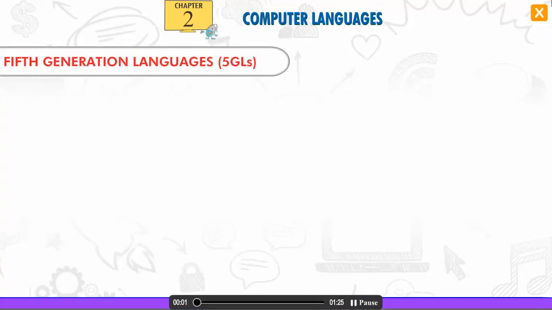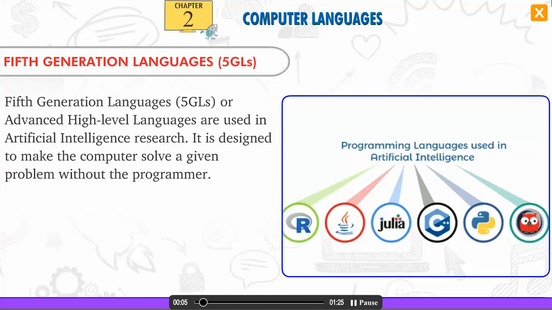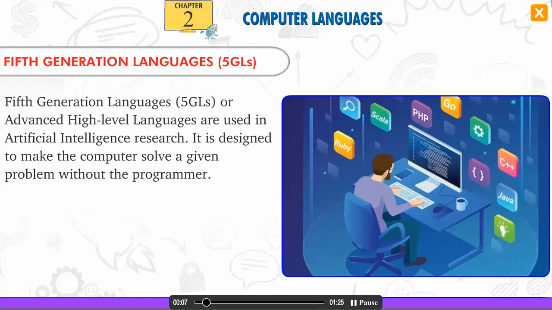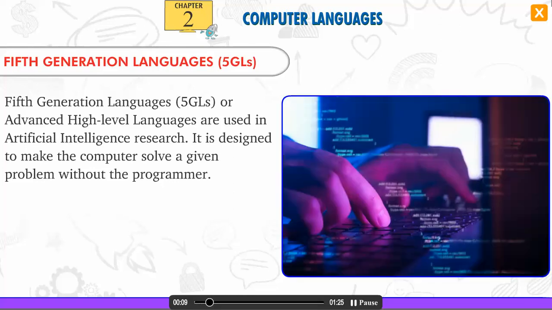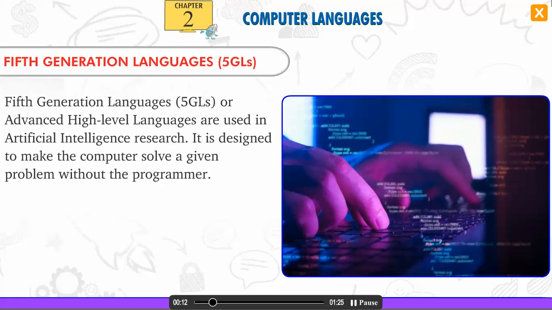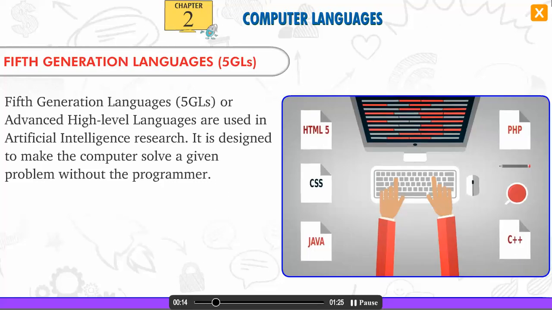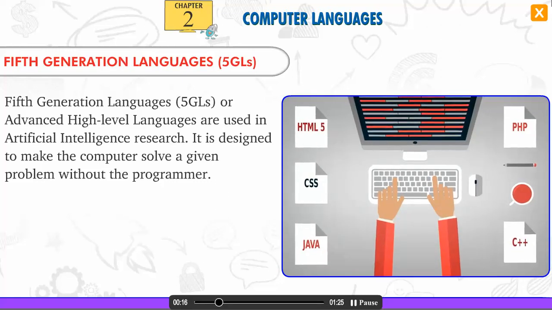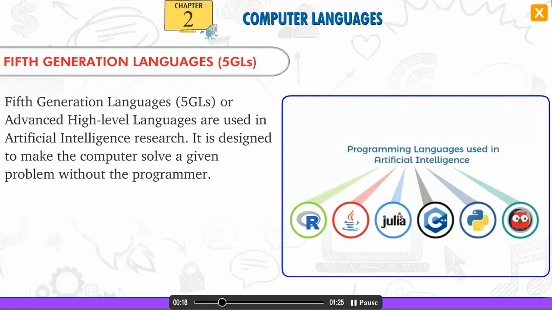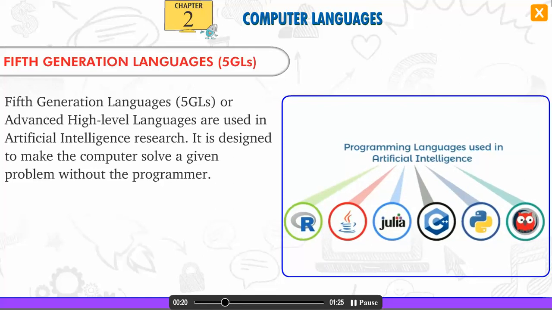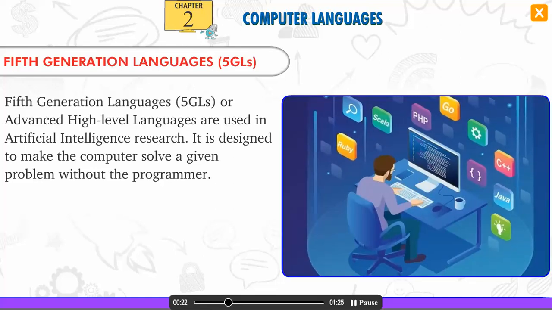Fifth generation languages, 5GLs, or advanced high-level languages, are used in artificial intelligence research. They are designed to make the computer solve a given problem without the programmer.